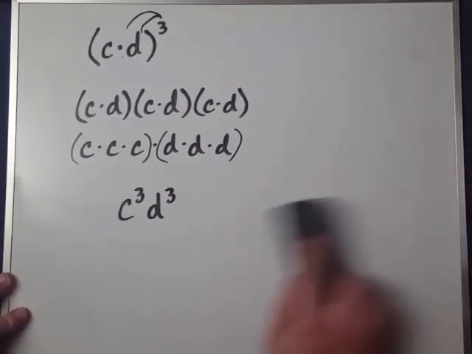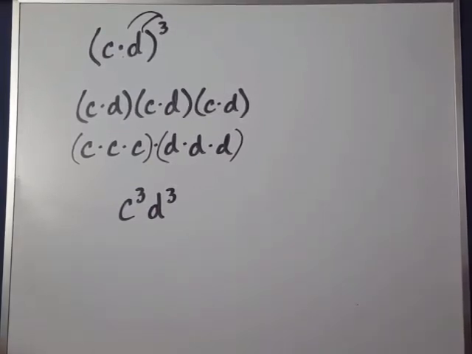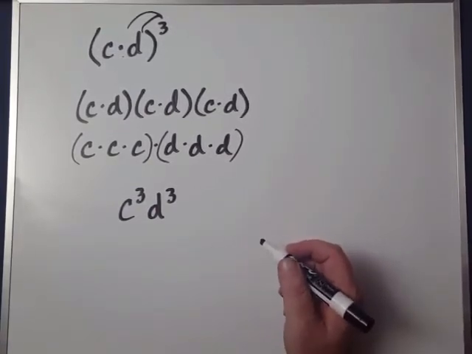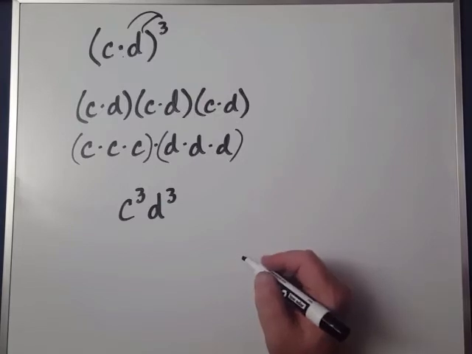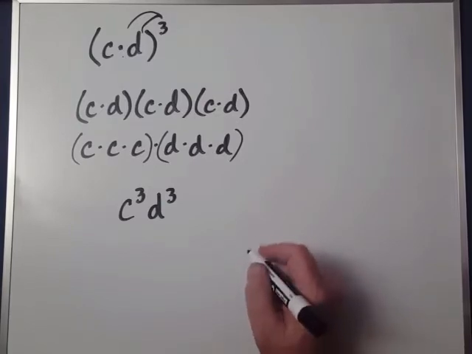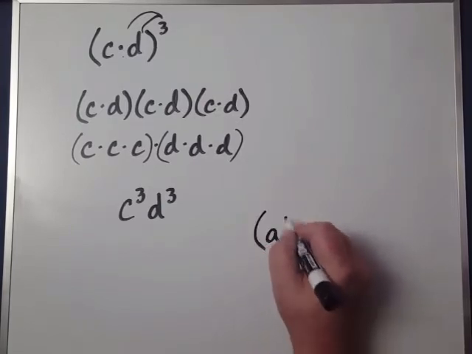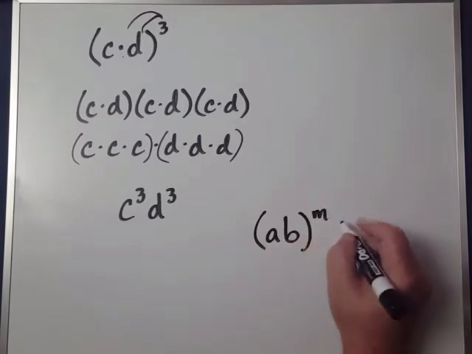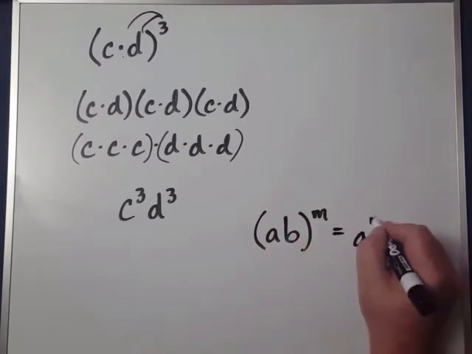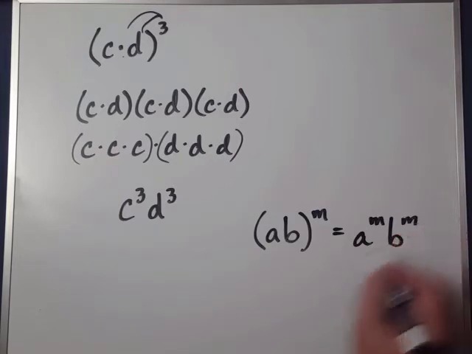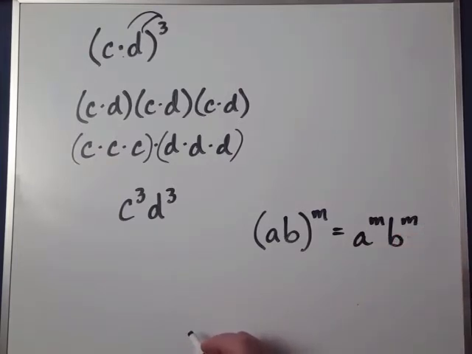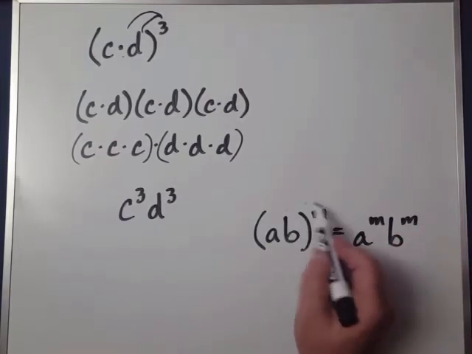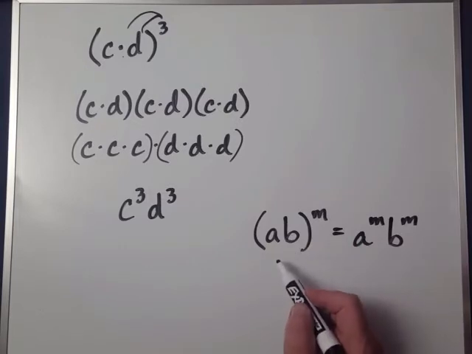But you can distribute a power over multiplication. And so we have our brown box at the bottom of page 264. A product, a times b raised to some power m, is equal to a to the m, b to the m. That is, we can distribute a power over multiplication.